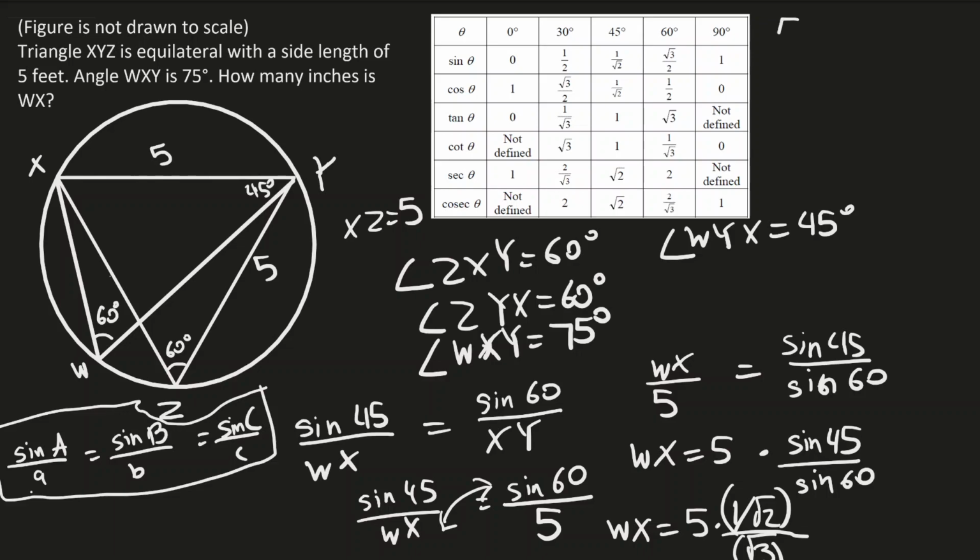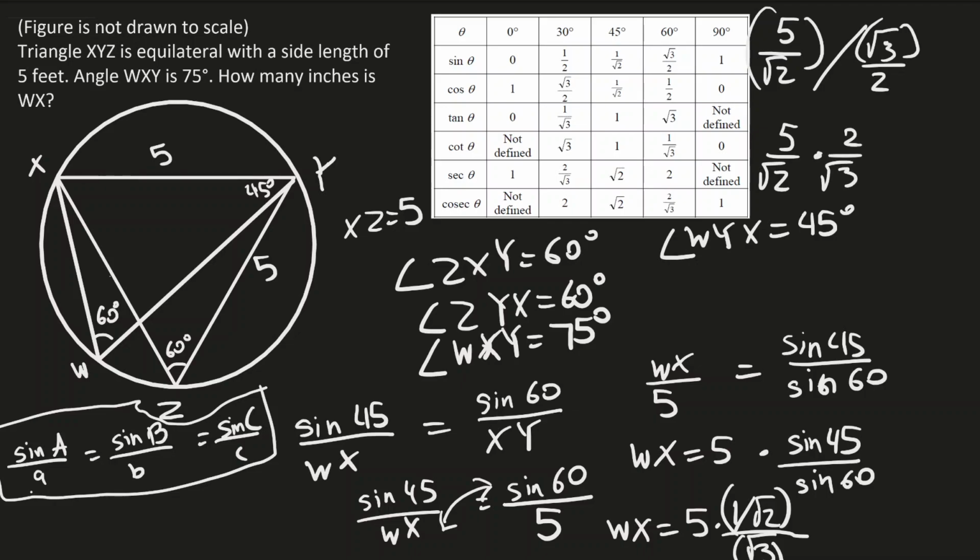So we have 5 over root 2 divided by root 3 over 2. So that is equal to 5 over root 2 times 2 over root 3. So therefore our answer is 10 over root 6.